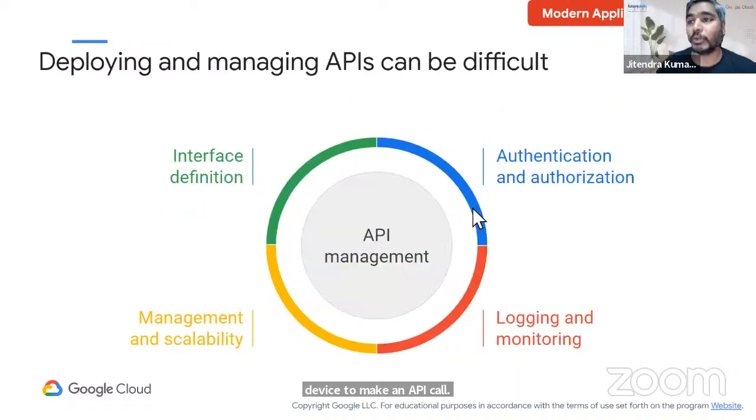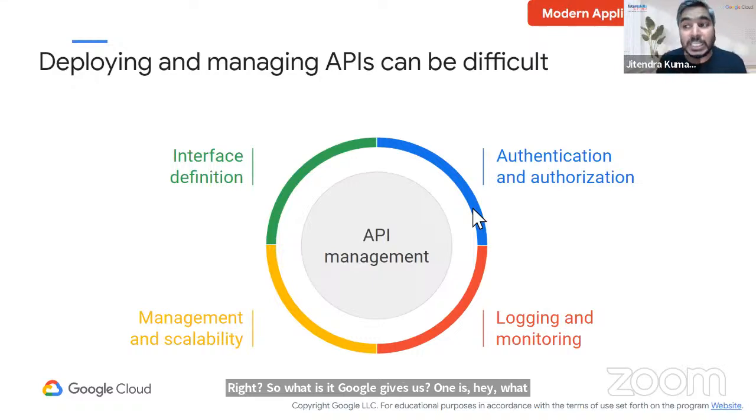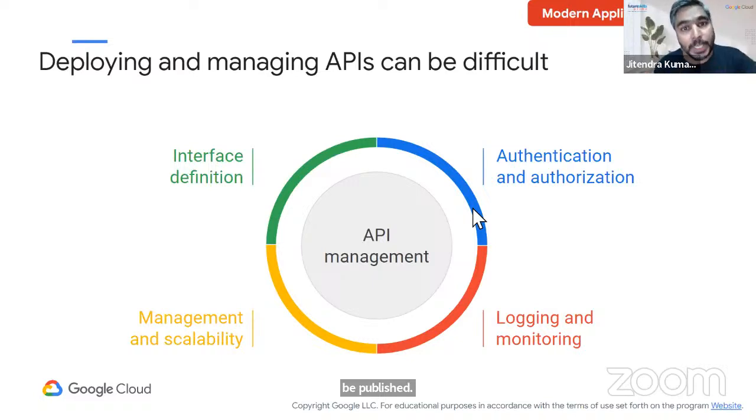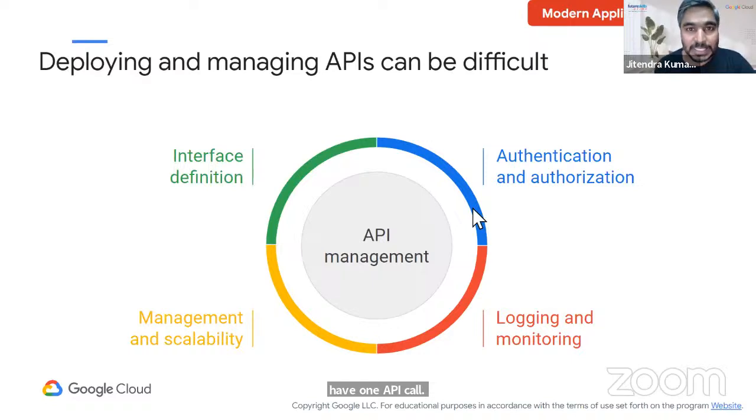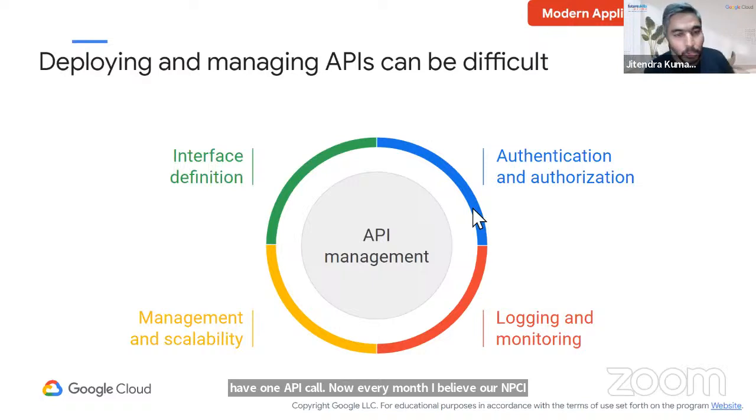So what is it Google gives us? One is, hey, what do we need? We need an interface definition, which has to be published. We need the ability to manage and scale. Imagine I could have one API call. Now, every month, I believe NPCI, the body who manages this whole payment infrastructure, publishes how many billion transactions happened.